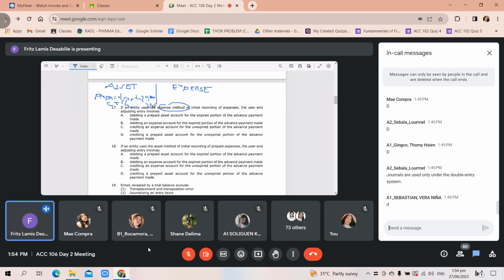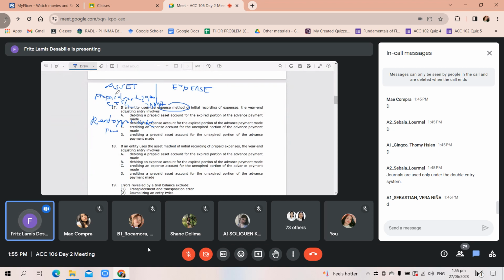Now, since it is for 2 years, say for example at year end when we present the financial statements, we need to adjust. Say the expired portion is 10,000. So to adjust, we record rent expense 10K, credit prepaid rent.